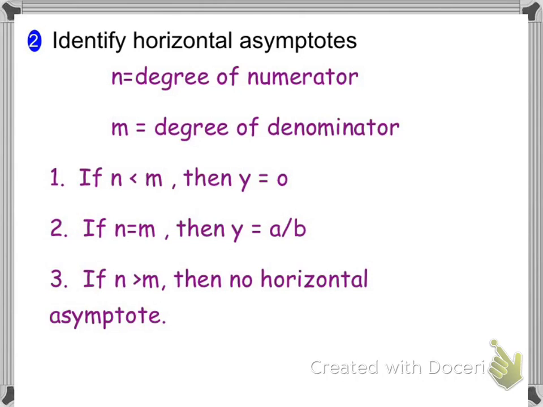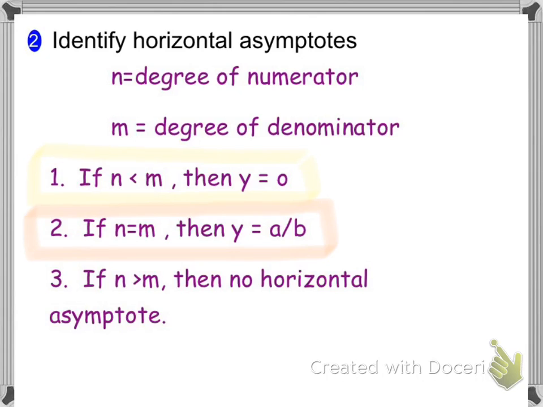If n is less than m, then y equals 0 is your horizontal asymptote, which basically says the x-axis is your horizontal asymptote. If the degree in the numerator and in the denominator are the same, then you take the leading coefficients a and b and you divide them.